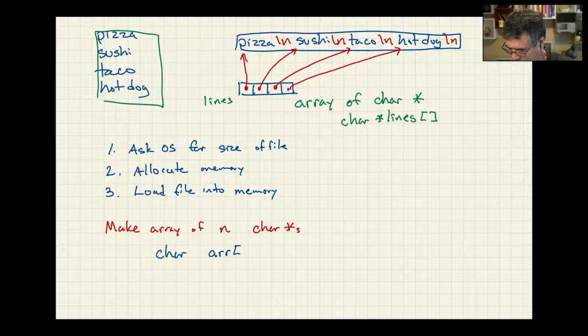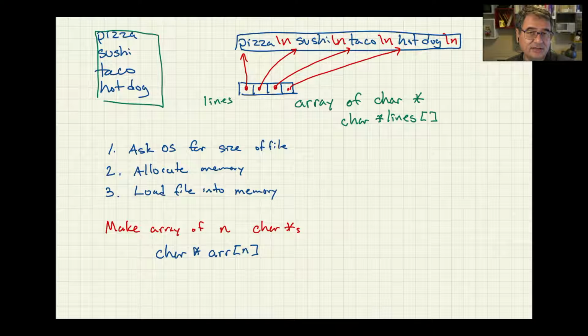So would we just say char pointer name array size? No, wait. Yeah, so we're making an array called ARR of N characters. But you're right, we want to make an array of N character pointers. So yeah, it is just as simple as putting a star there.